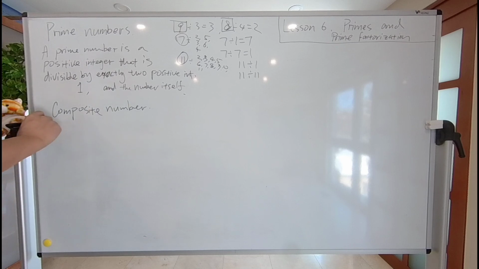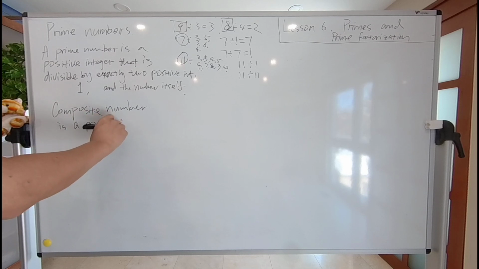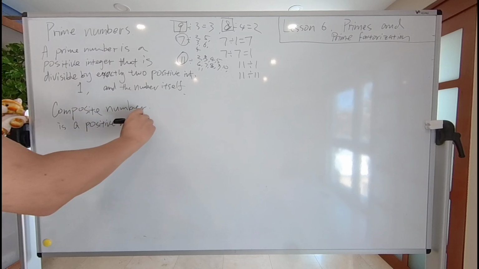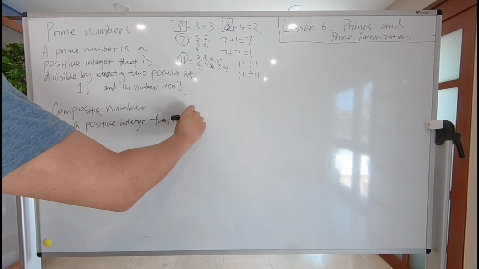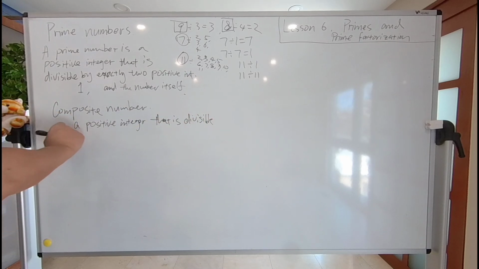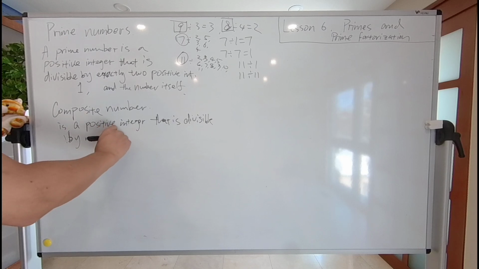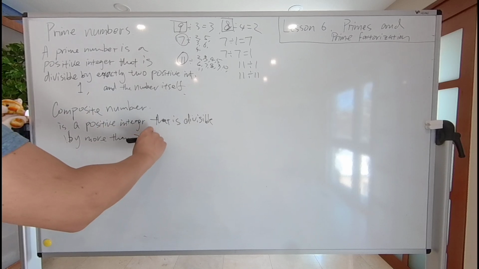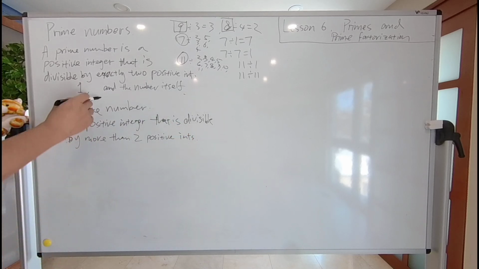So a composite number is a positive integer that is divisible by more than two positive integers. This is the opposite conclusion from a prime number.